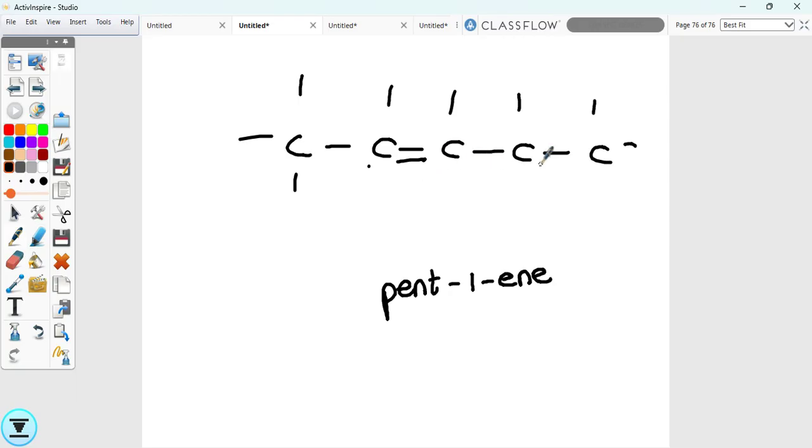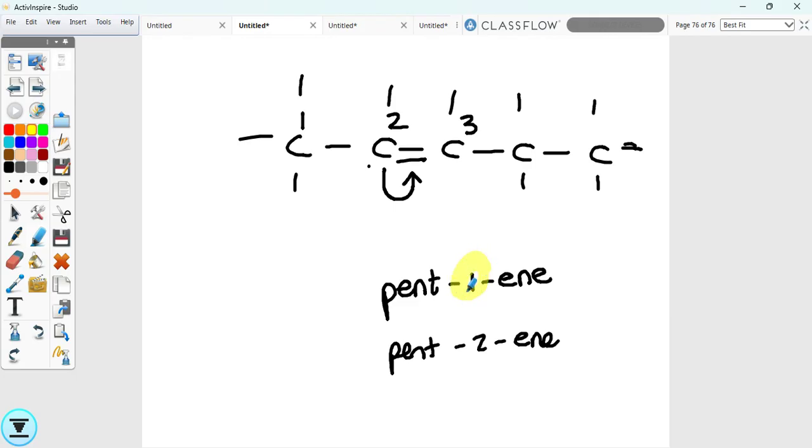They set the one trap after the other for you. So it's going to be pent. Yes, because I need to start numbering from this side, 1, 2, 3, and now the double bond follows after the second carbon. So the new name would be pent-2-ene, and the only thing that's different is the number. So I know that it is a positional isomer.